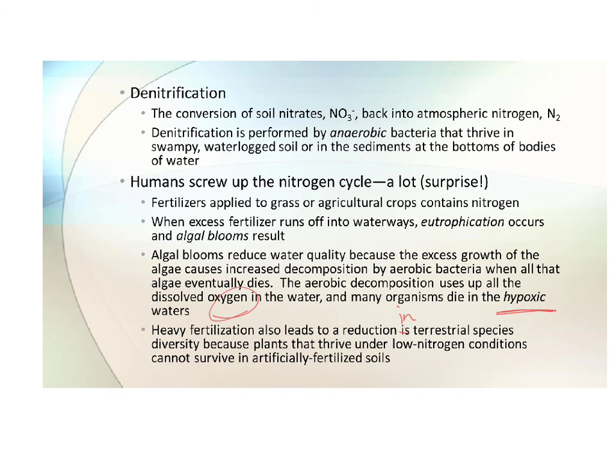So what we do when we add fertilizers to soils is we skew our species diversity and composition towards those plants that thrive in high nitrogen soils rather than in low nitrogen soils. So all those ones that normally survive with low nitrogen conditions, they can't make it when you put fertilizer down.